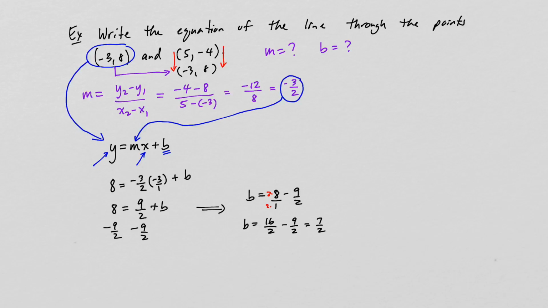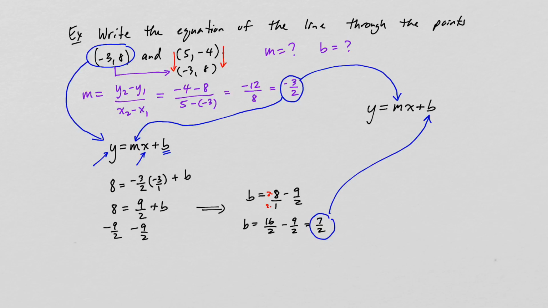And so we now have the y-intercept. Now the answer isn't the y-intercept. The answer is the equation of the line, which we know is y equals mx plus b. We know the slope is -3/2. We now know the y-intercept is 7 over 2.